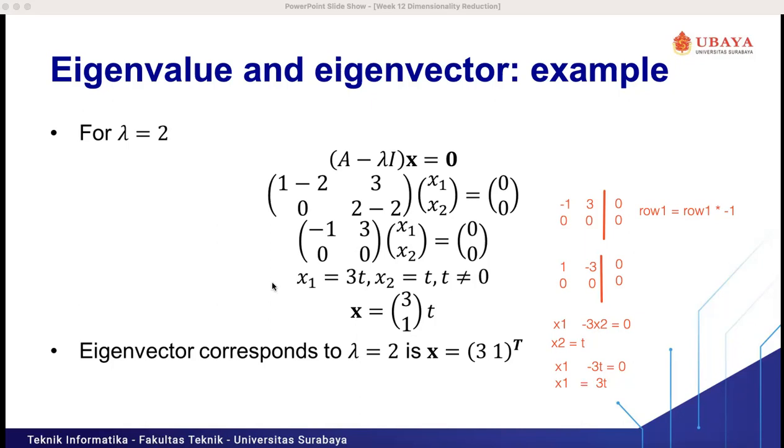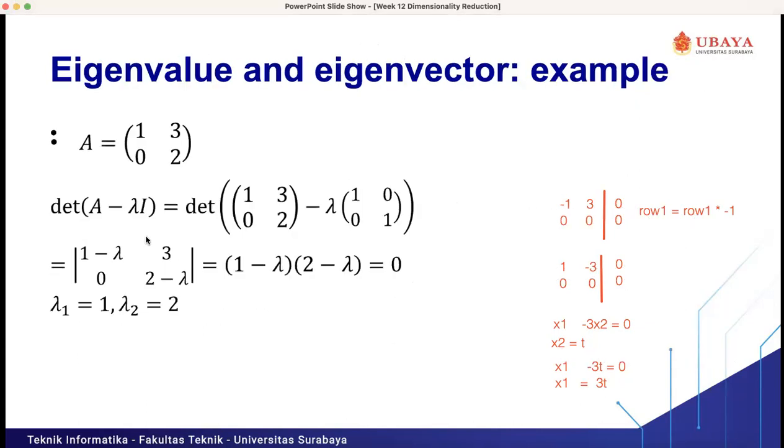If we have a matrix like this, it is not a good example for calculating eigenvalues and eigenvectors, because we don't have a unique solution for the eigenvectors.